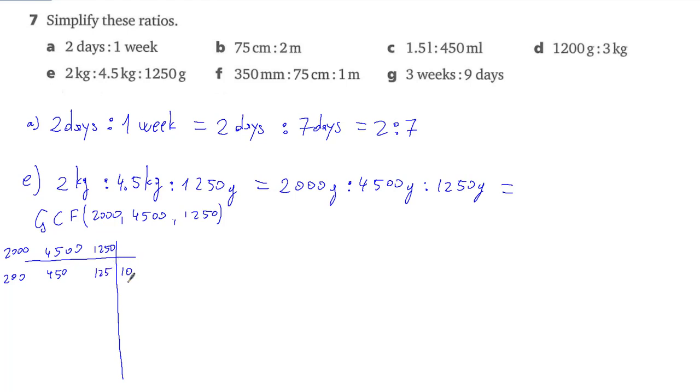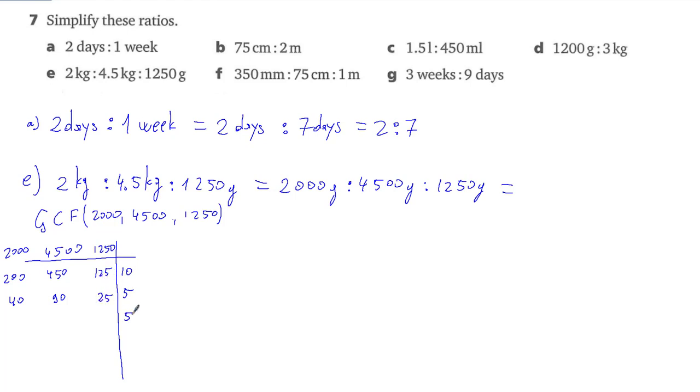Then clearly we can't divide by 2 because these are even numbers, but this one is not. Because I know that 125 has only factors 5. We can also not divide by 3, so we must divide by 5. Let's see, 200 divided by 5 is 40. 450 divided by 5 is 90. 125 divided by 5 is 25.